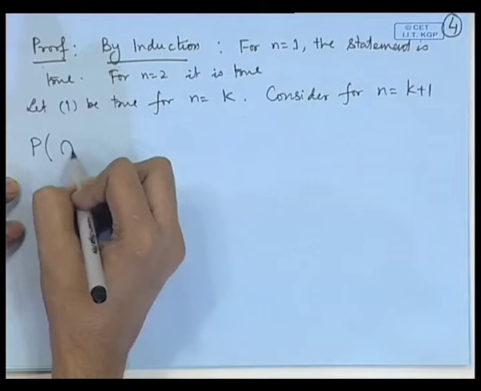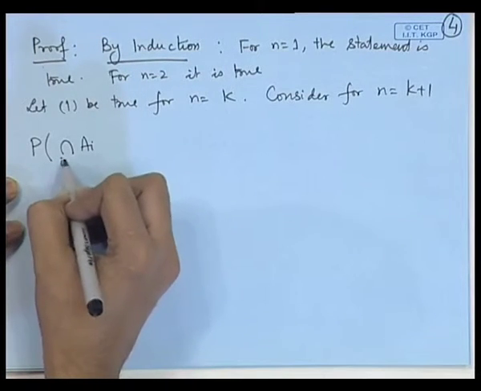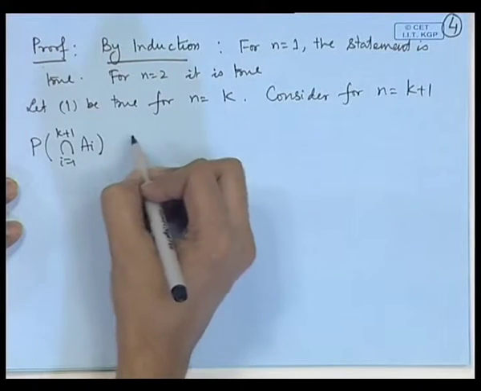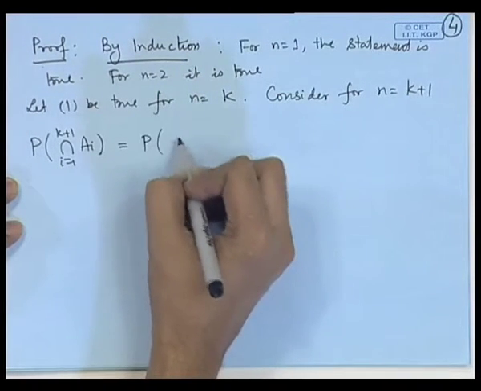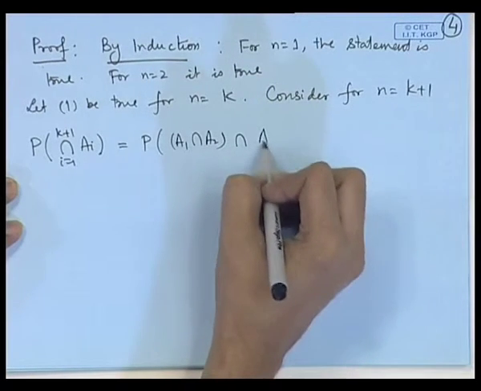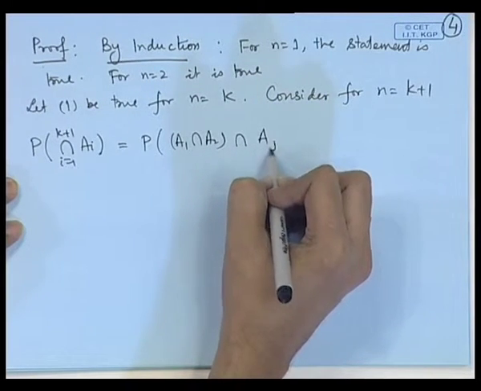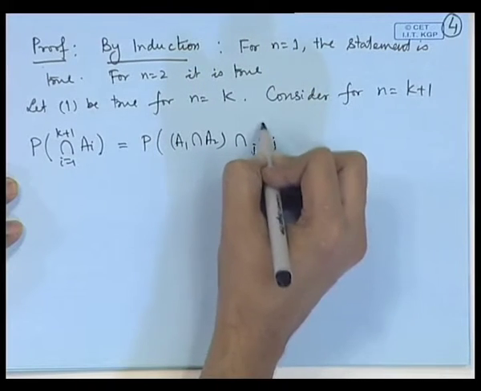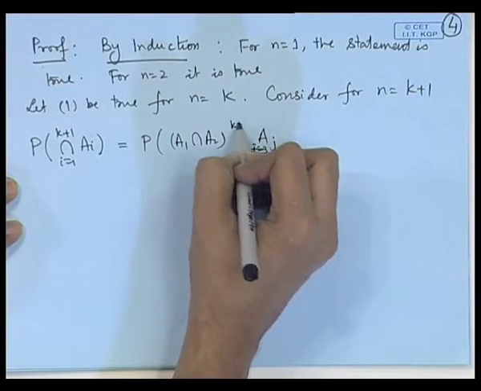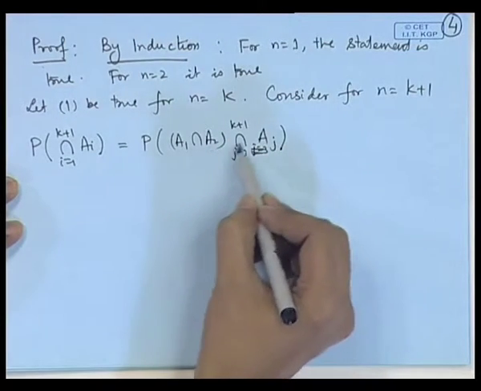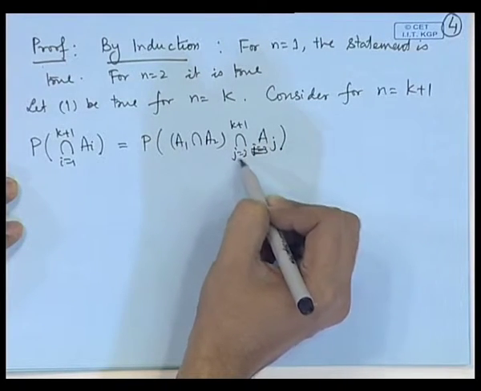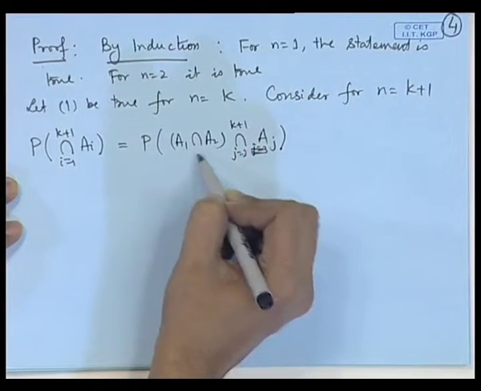So, probability of the intersection of A i, i equal to 1 to k plus 1. Now, this one we can express as probability of A 1 intersection A 2 intersection A j, j equal to 3 to k plus 1. So, here if you see in the intersection, these are k minus 1 sets and this is 1 set.